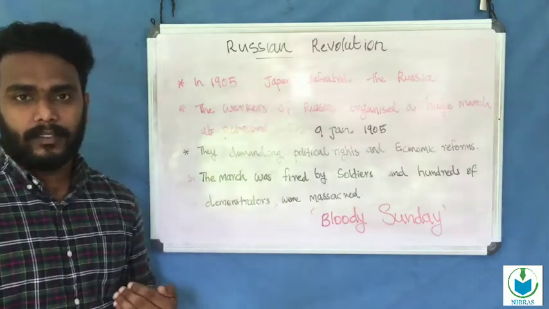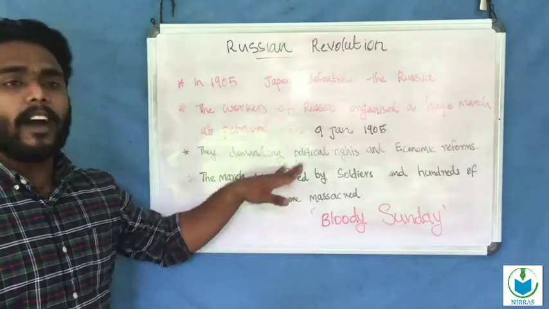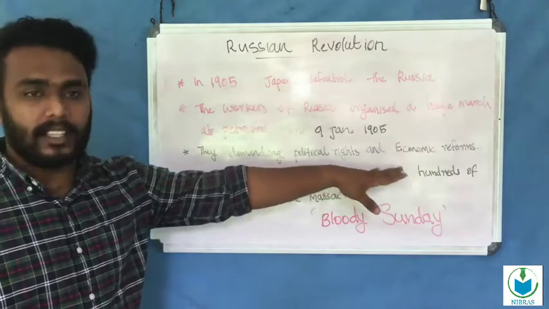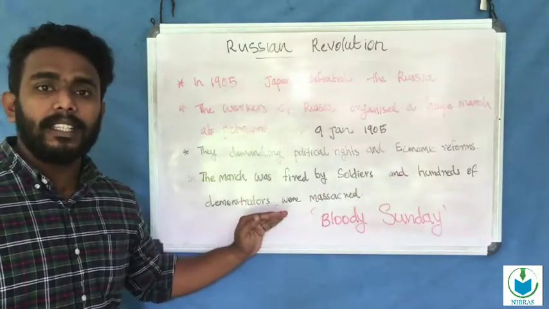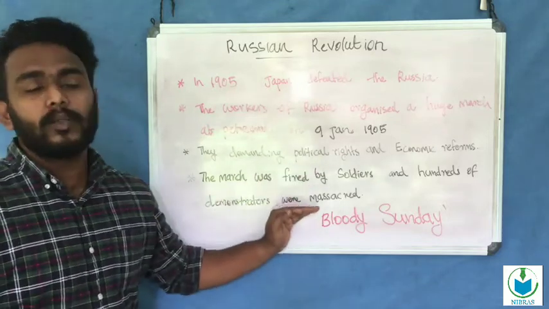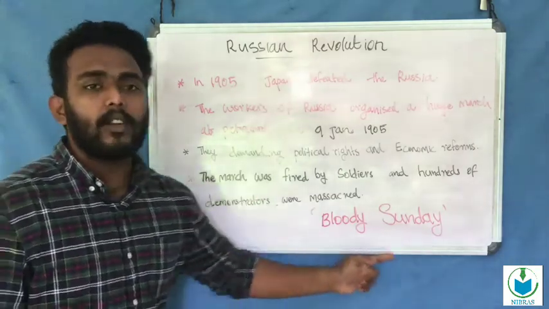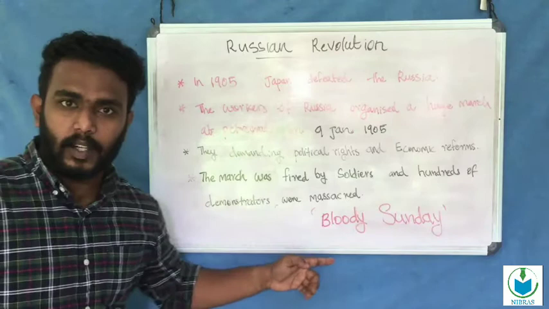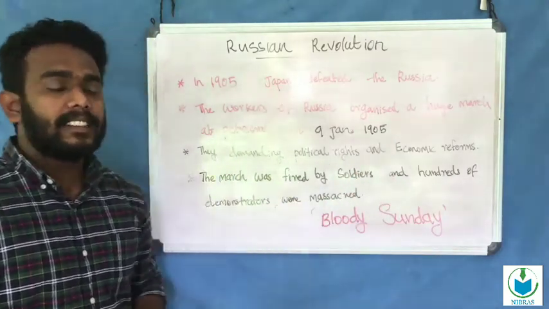But the soldiers fired against the march, and hundreds of demonstrators, the workers, were massacred. This event is called Bloody Sunday.